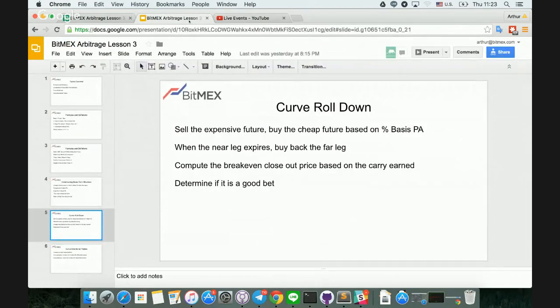You want to be selling, for this example, say XBT M16 and buying XBT H16, because XBT M16 is trading more expensive on a percentage basis per annum term. Now, this strategy is much easier because all you have to do is put on the short M16 versus long H16 and wait.